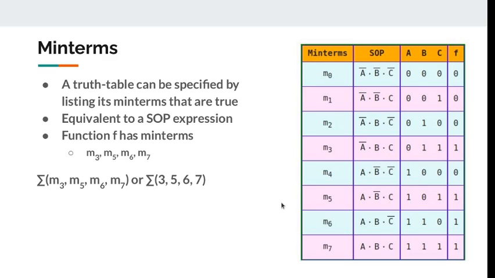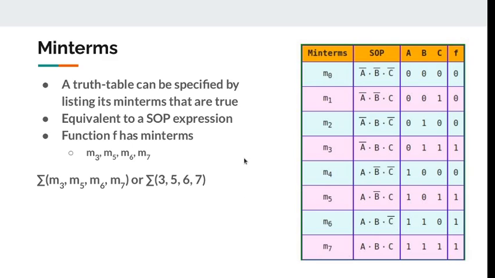When you expand that, I'm using Minterm 3, so that is complement of A, B, and C, or Minterm 5, that's A, complement of B, complement of C, or Minterm 6, that's A, B, complement of C, or Minterm 7, that's A, B, and C.